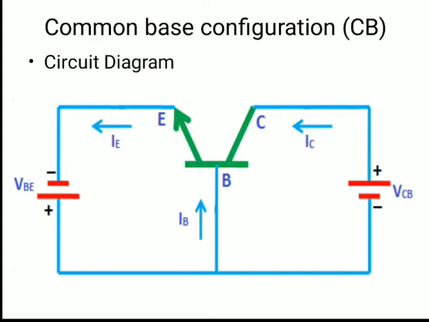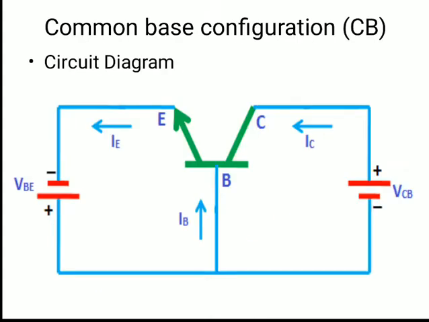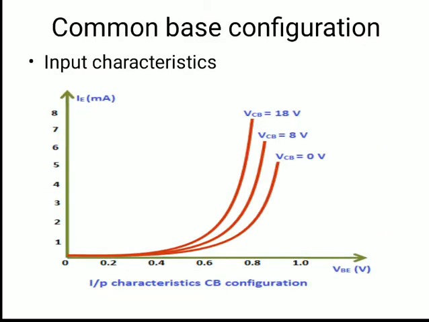Okay, so how will it look, right? On the x-axis we can see it is VBE, and on the y-axis it is IE, that is emitter current, in milliamperes, right? So you can see here, this is the input current, this is the input voltage, right? And we have kept VCB constant, so you can see when VCB was 0 volt, this is the relation we got.